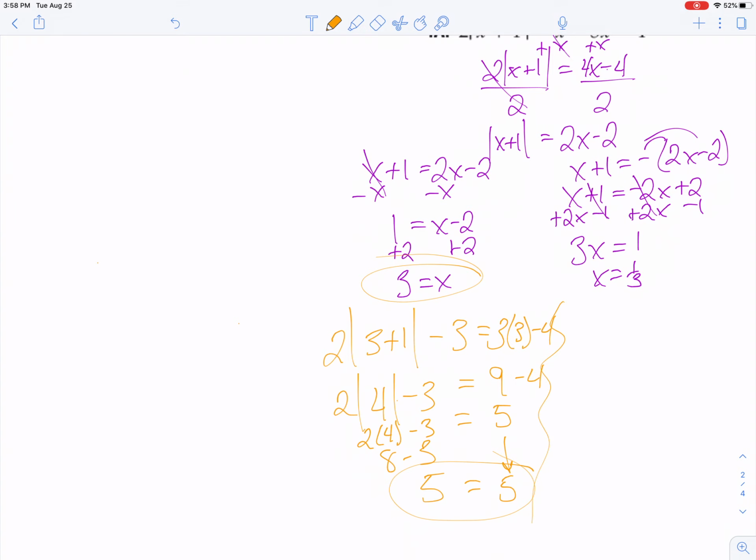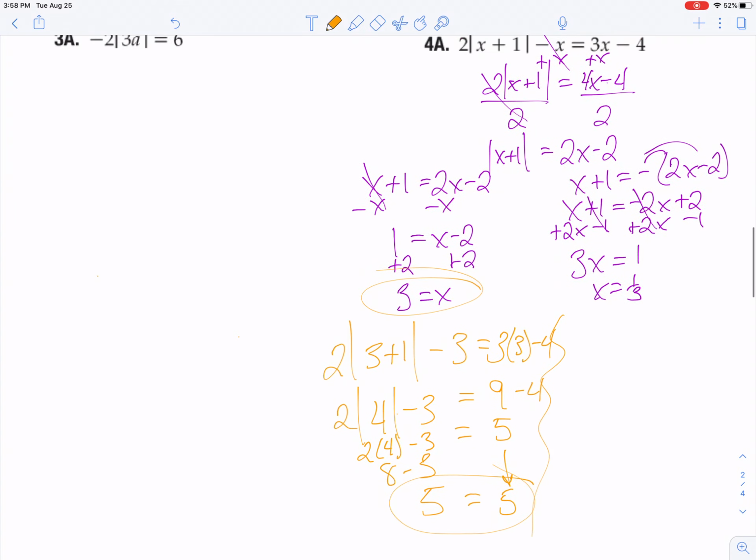Gotta squeeze this other one in here. So what is it? 2 times the absolute value of 1/3 plus 1, minus 1/3 equals 3 times 1/3 minus 4. So I have, this is going to be 1 and 1/3. Drop the bars, drop the negative.